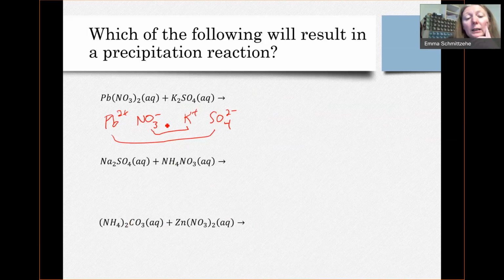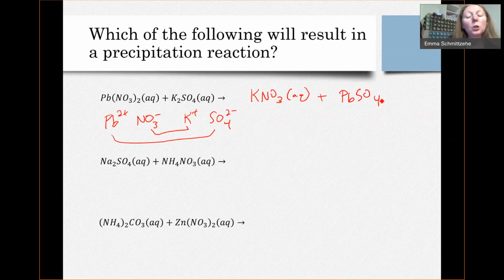Well, K+ and NO3- can come together and form KNO3, but nitrates and potassium salts are always soluble. So that one is just going to be KNO3 aqueous, because based on the solubility rules, those things are always soluble.